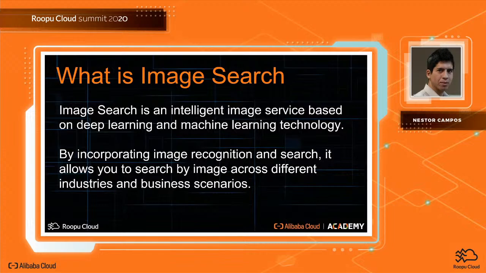By incorporating image recognition and search, it allows you to search by image across different industries and business scenarios. You can understand all these words. If not, don't worry. I'm here to explain what image search is and why it's a great service.